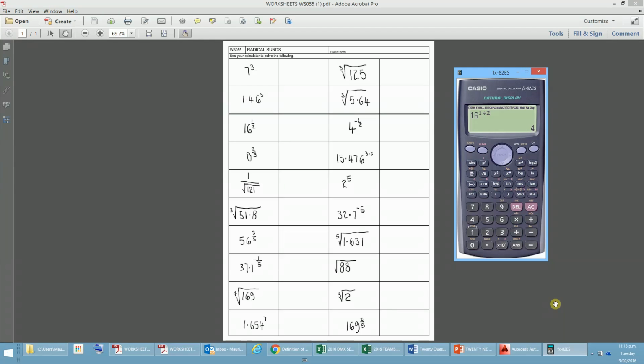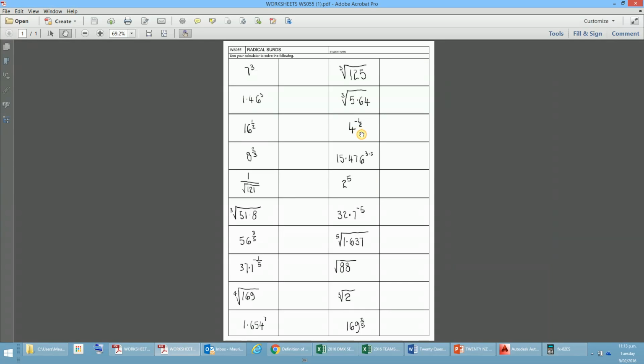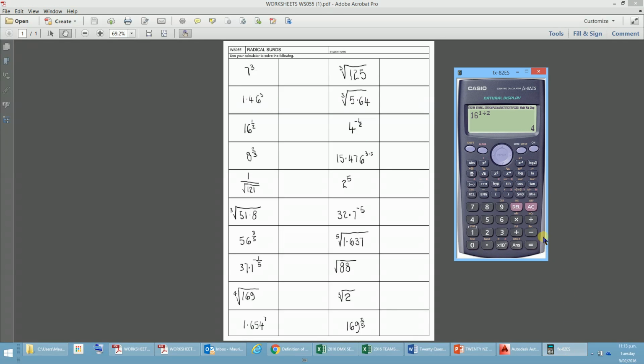Now, 4 to the negative a half, that's a bit interesting. That would be 1 over the square root of 4, which would be, I'm predicting, a half. So that would be x, so that would be 4 here, and then we can go to the power of negative 0.5, or we could go 1 divided by 2, as I did previously, equals.